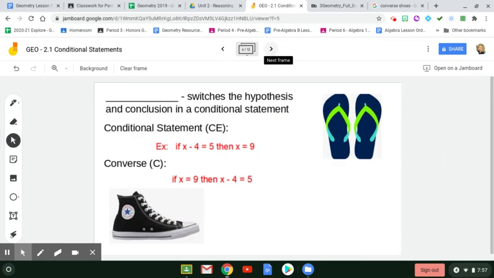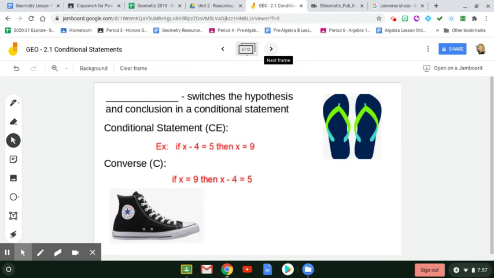All right, so now that we have remembered what counterexamples are, we're going to be talking about different ways that we can move conditional statements around, and this can help us in the future for proof as part of logical reasoning. So again, this can help us get from point A to point B whenever we begin whatever an algebraic or a geometrical proof could be.